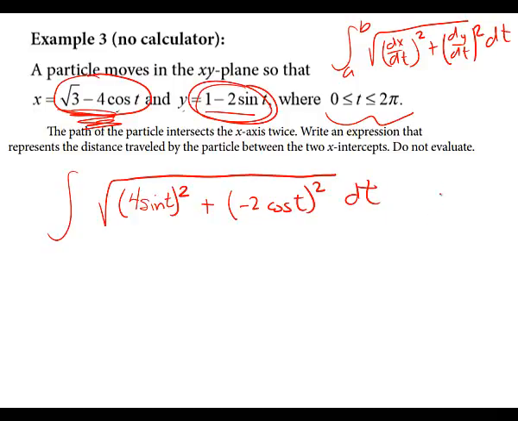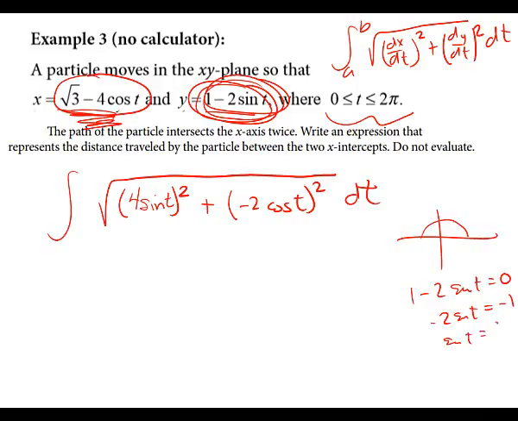Now I need to find the limits. So the limits is where it's going to be intersecting the x-axis, is what it said. Okay? So what I wrote down from last year was it looks like I took this one here and I found its intersections on the x-axis. So 1 minus 2 sine t equals 0. So negative 2 sine t equals negative 1. So sine t equals 1/2.